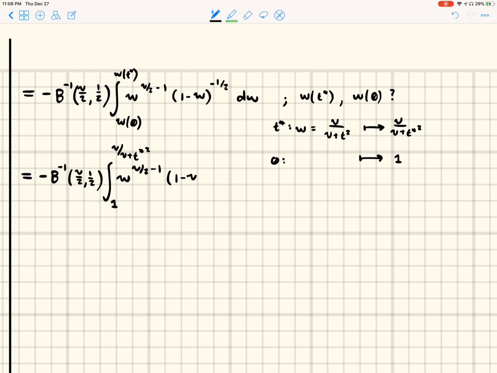And here's our integrand. So what we recognize is the connection between the cumulative distribution function of Student's t distribution and the regularized incomplete beta function, which occurs when we make that substitution, w equals v over v plus t squared.